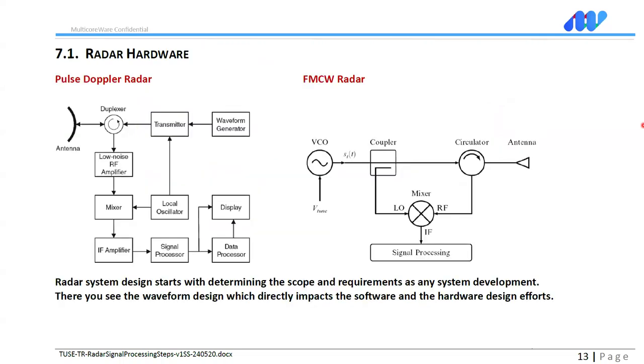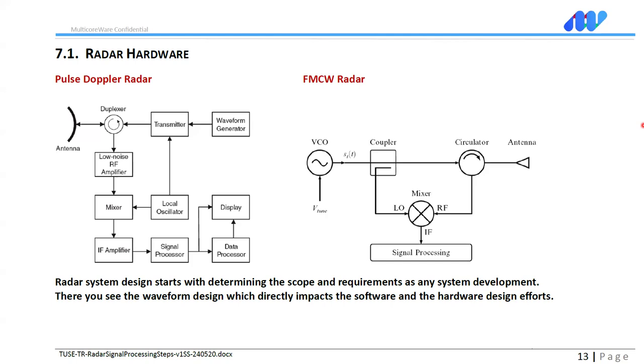Radar system design starts with determining the scope and the requirements of any system development, and it involves parameter settings, as I said before, which often have contradicting outcomes and need some level of optimization. Like if you want to improve some range value, then you might be losing on Doppler. And we will see those in a couple of minutes.